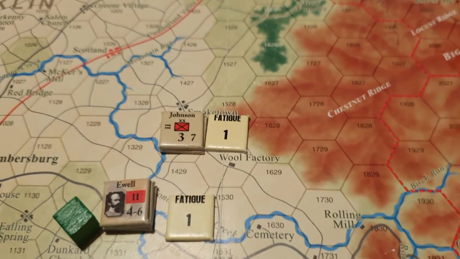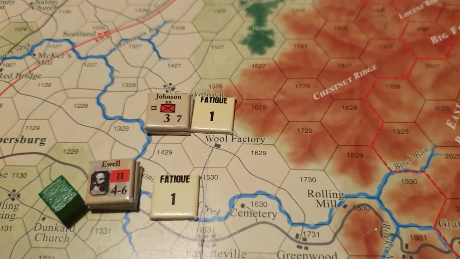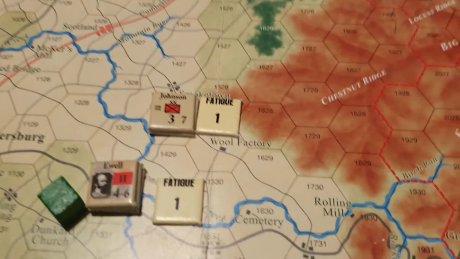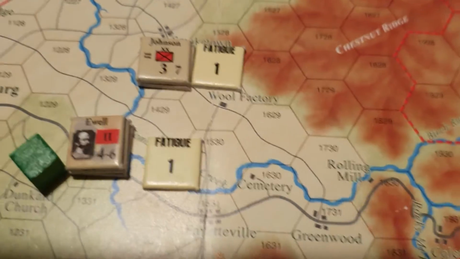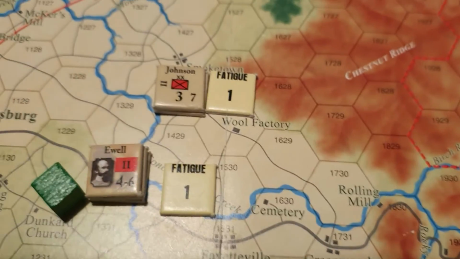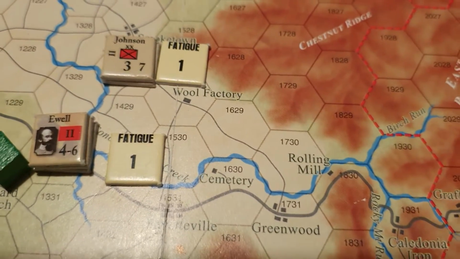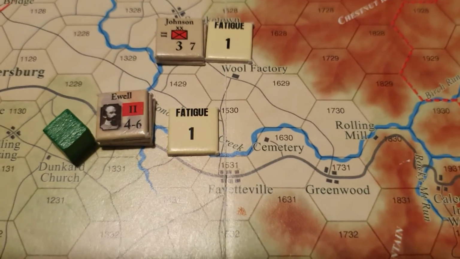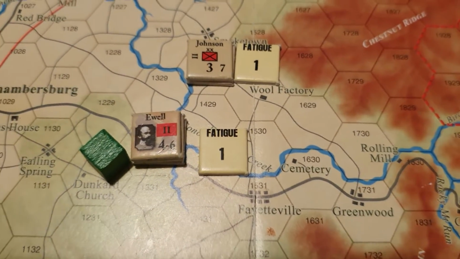Okay, I will then move these units 4 hexes. If you move along these little roads, the black lines, that only costs 1 movement point, regardless of the terrain it goes through. You need to stick to the roads or the pikes, which are the solid black lines below.